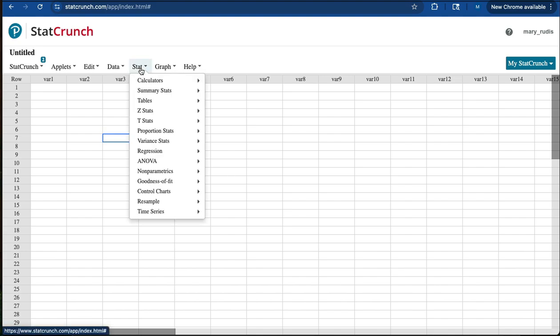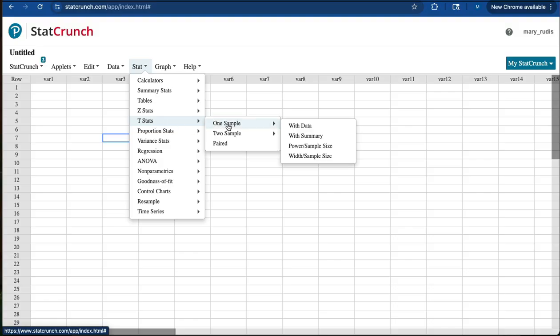So we're going to go to Stat, and we're going to go to T Stats. T Stats is where we perform all of our inference, when we're doing confidence intervals and hypothesis testing. We have one sample, and we don't have data, but we do have the summary data.